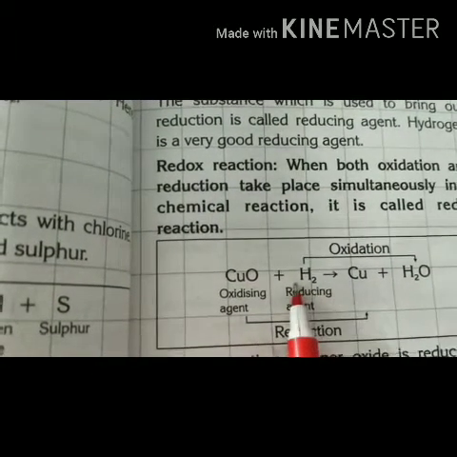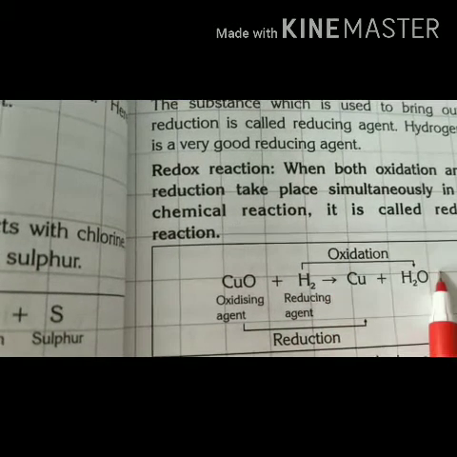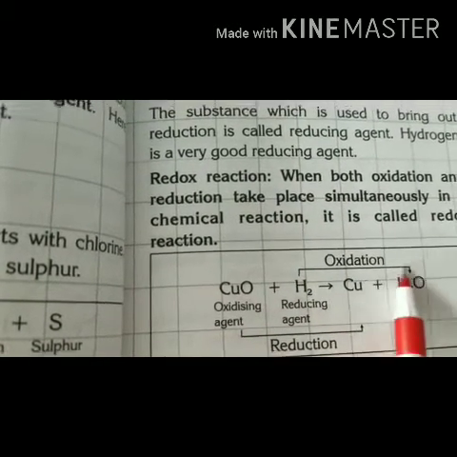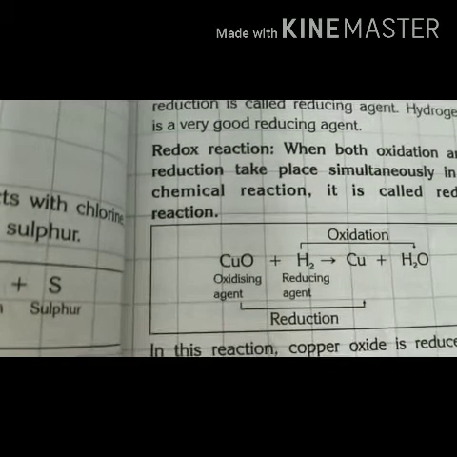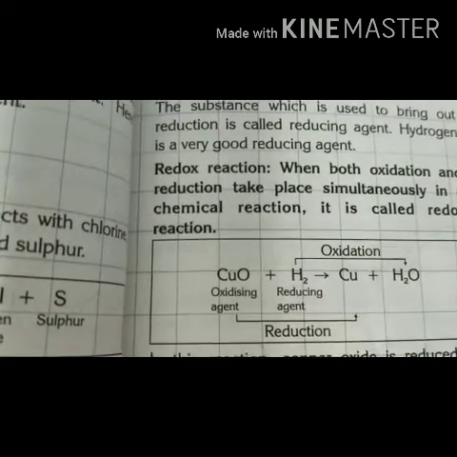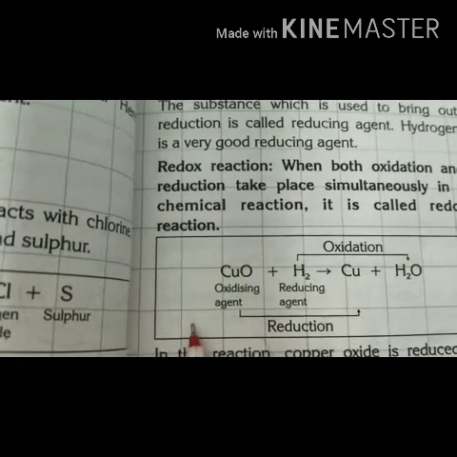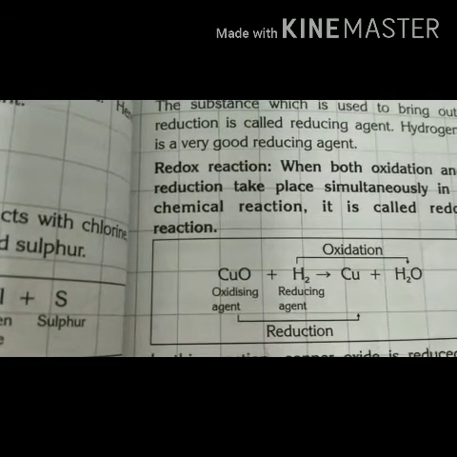Here you can see H2 is getting oxidized because after the reaction it gets combined with oxygen. Hope now all of you are aware of what oxidation and reduction reactions are. So it is the main example of oxidation reduction in the same chemical reaction.